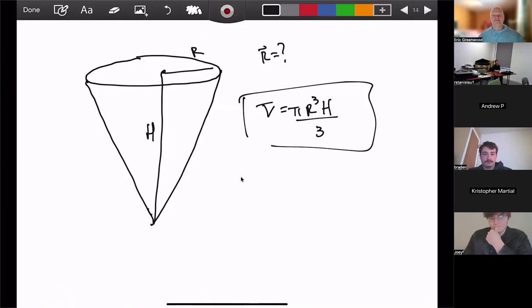Okay, so let's do some breakout rooms then. That sounds like fun. Let me stop sharing. I gotta remember how to do breakout rooms here. There we go.